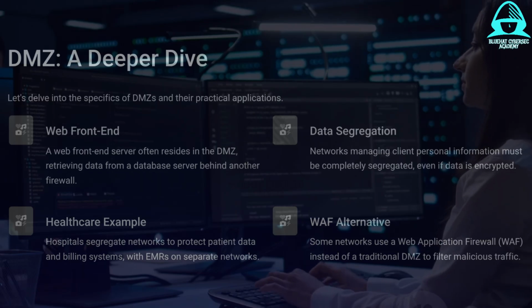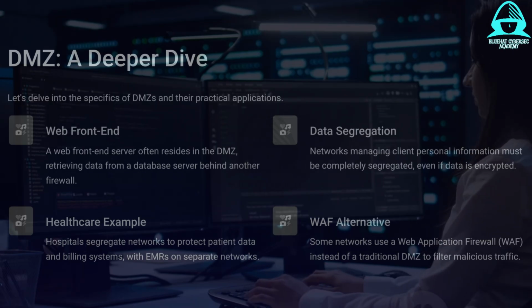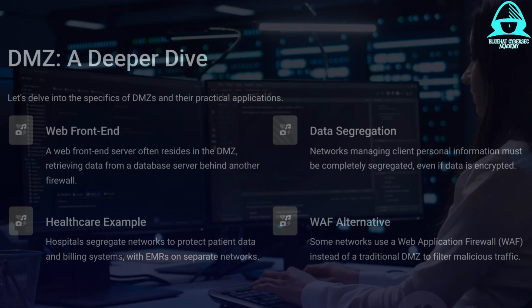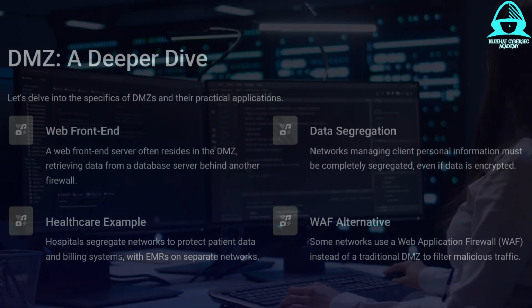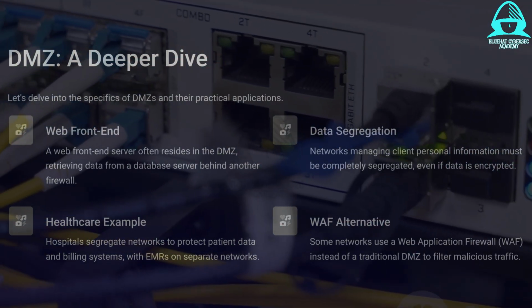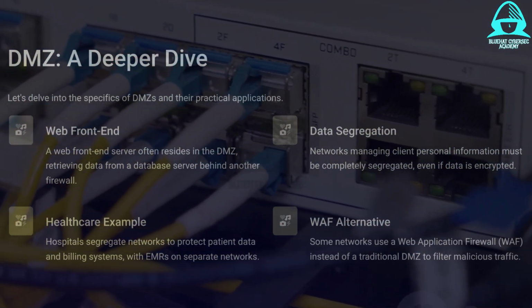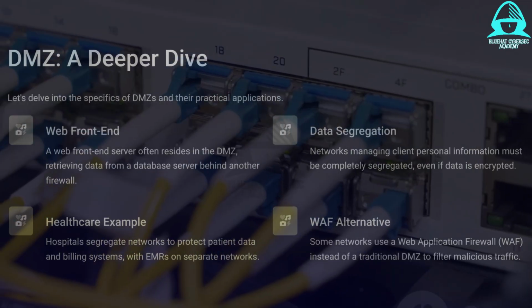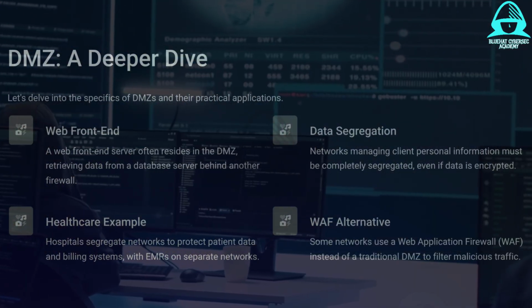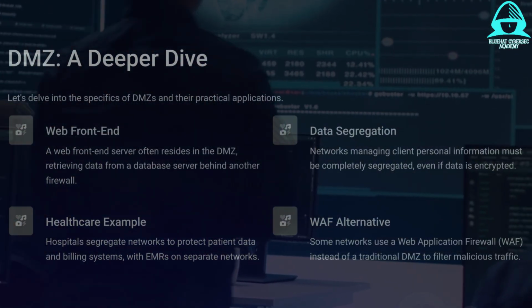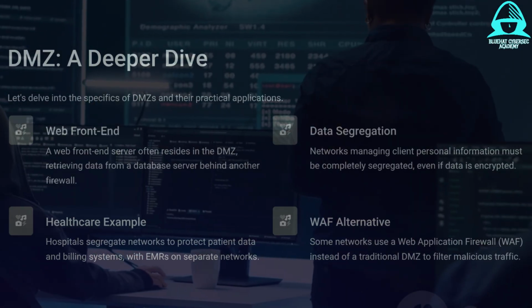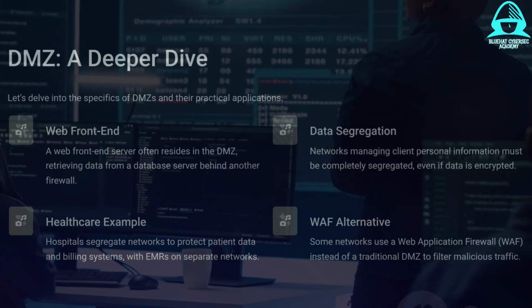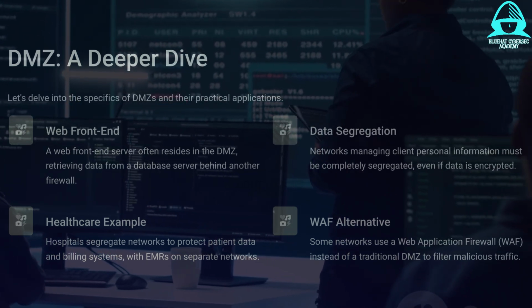It is worth noting that while this course will not explore the specifics, some networks use a web application firewall, or WAF, instead of a traditional DMZ. A WAF has both internal and external connections, similar to a firewall. External traffic is filtered by a traditional or next-generation firewall, while the WAF monitors all incoming traffic, encrypted or not, for malicious behavior before passing commands to an internal web server.